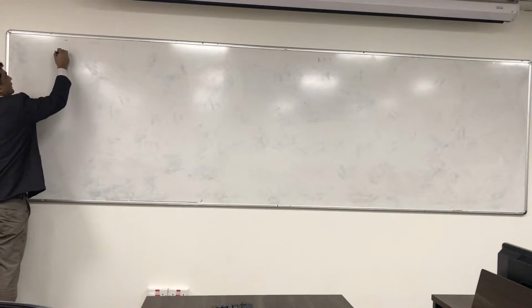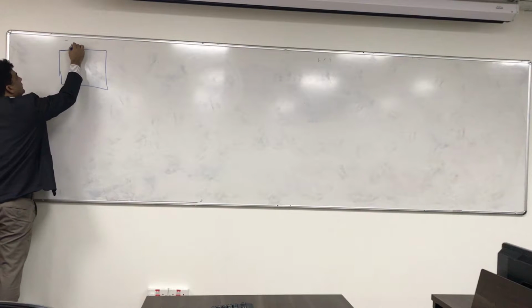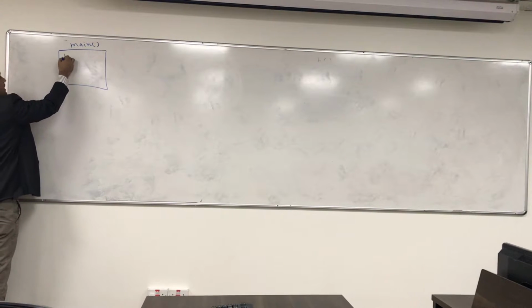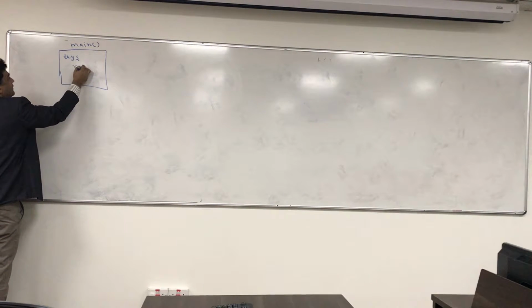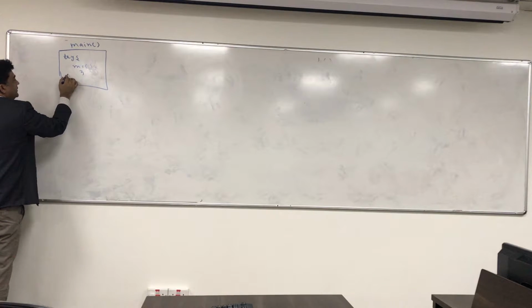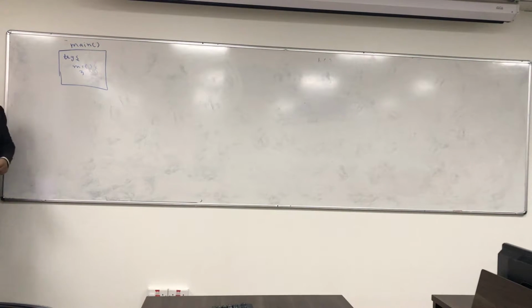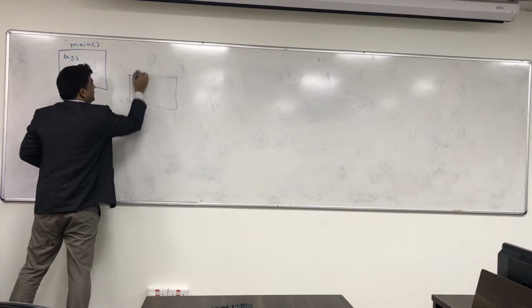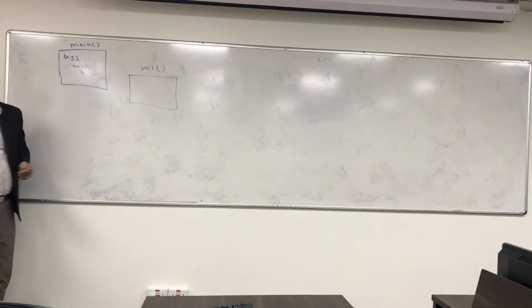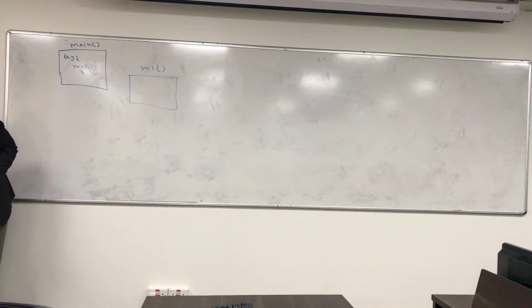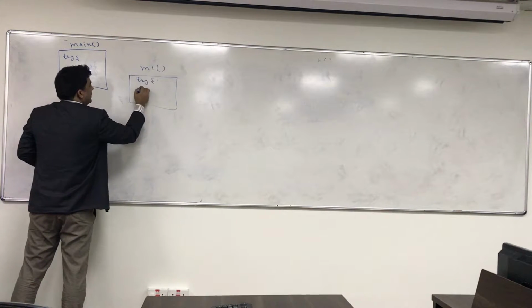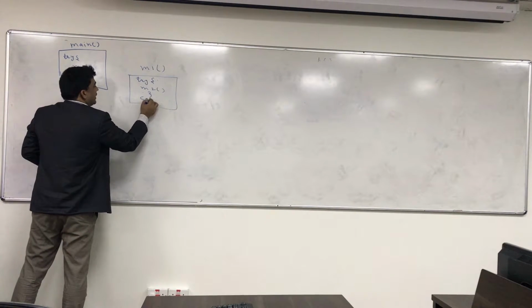So I will just trace it from here. What we have here is a main. This is the main, and then you have a try here, and here you have M1. Then you have M1, and M1 is calling something like a try. Then you have M2 here, and you have a catch.